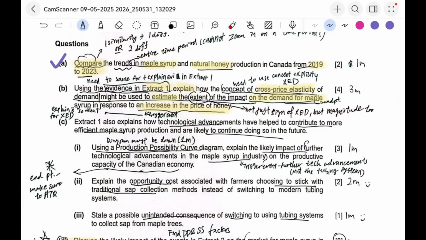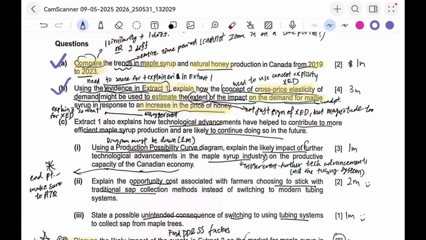So we say that this is explained through close substitutes, then the value of XED is high, and this tells me the extent of the impact on the demand, which is big also. So you conclude by saying how you use the concept of your XED. Okay, then this should be sufficient for your 4 marks.